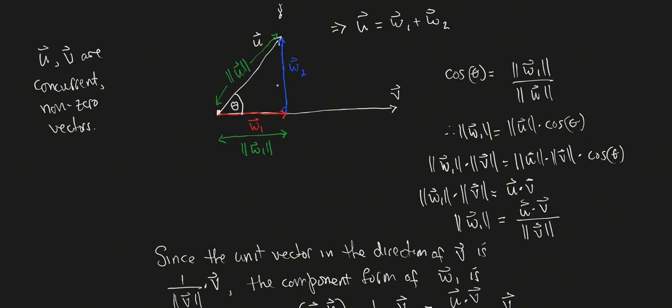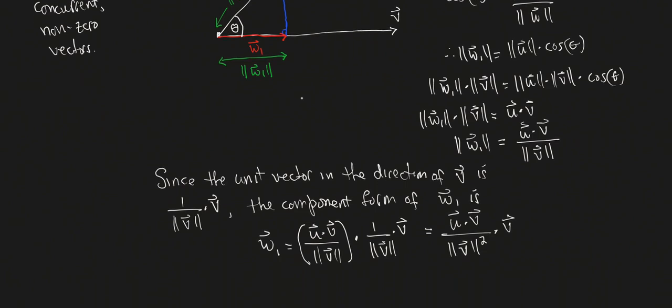Another way of looking at it, the terminal point of w1 is the closest point along the vector v to the terminal point of u. Any other point along the vector v would be further away from this terminal point of u. So it has some really important uses.